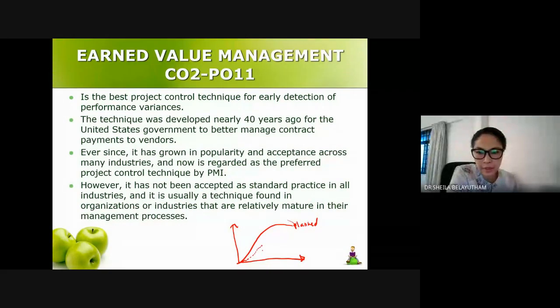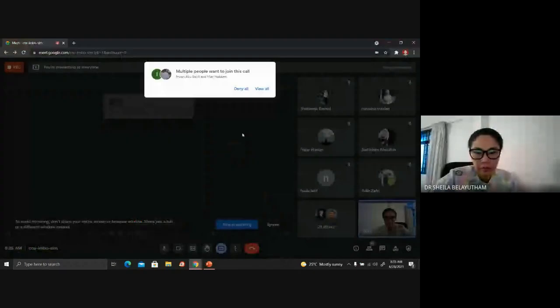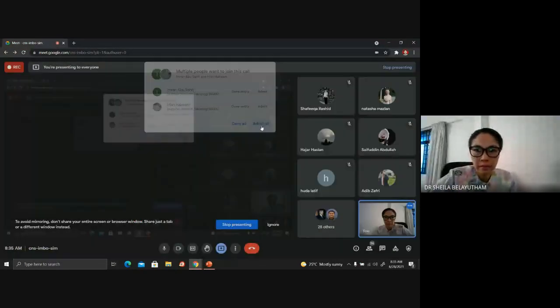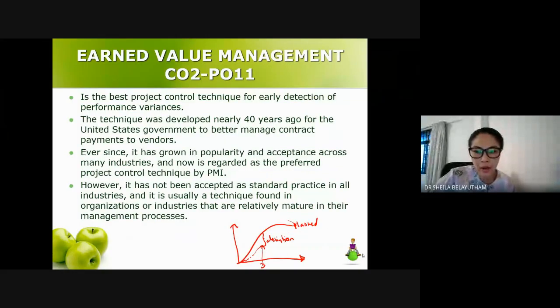For example, we are monitoring from, let's say, week 3, so this would show deviation. Somehow we have only one graph to represent our progress.